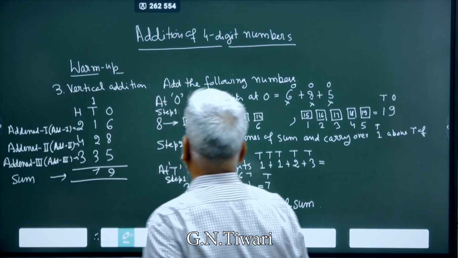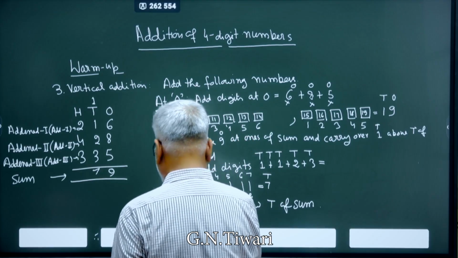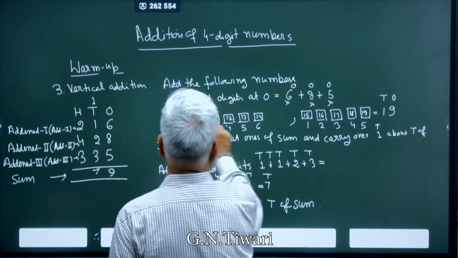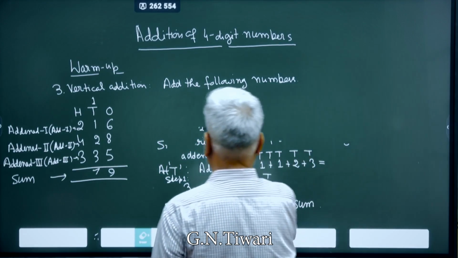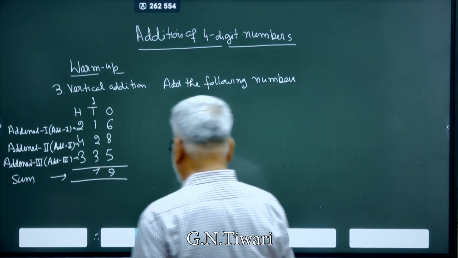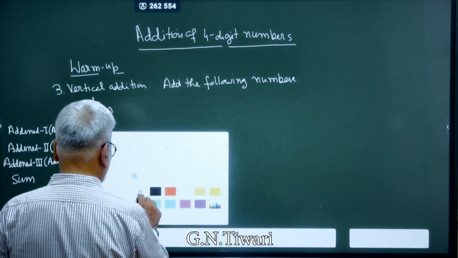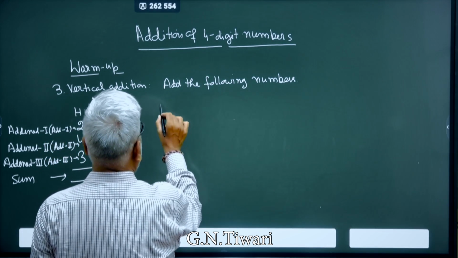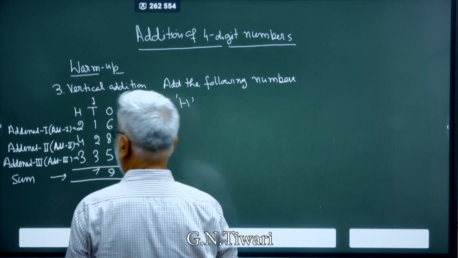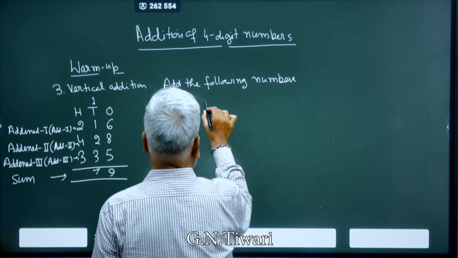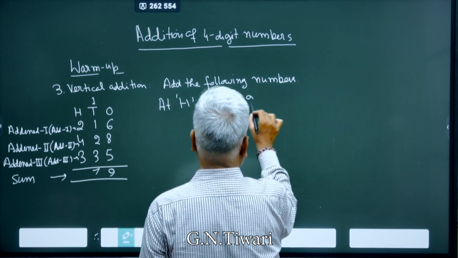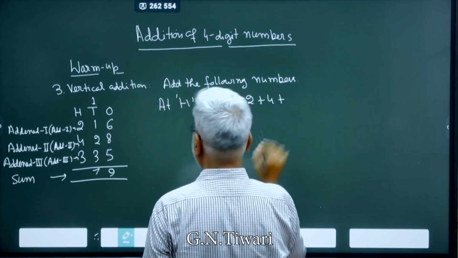अब एट एच, अब देखिए एट एच, now at H you can do any one of the method by square or vertical. अब 8H क्या है? 2 plus 4 plus 3.